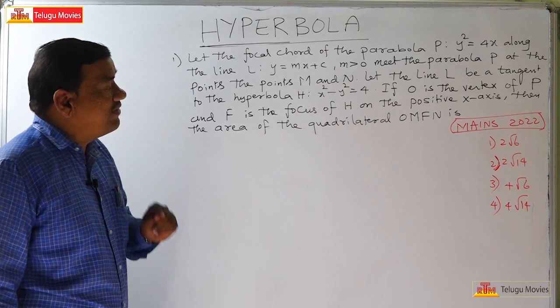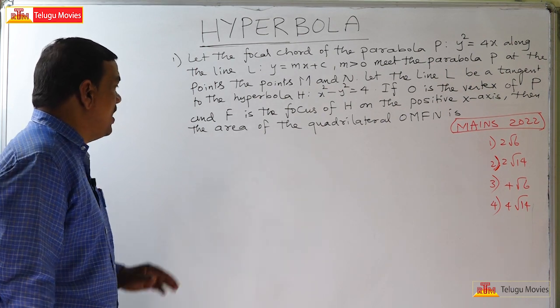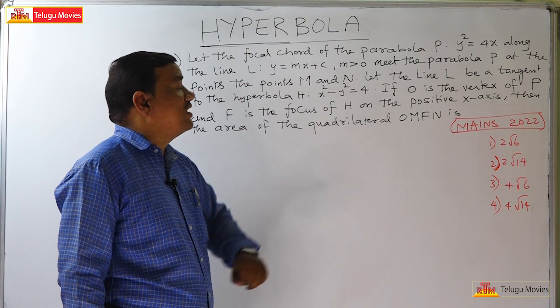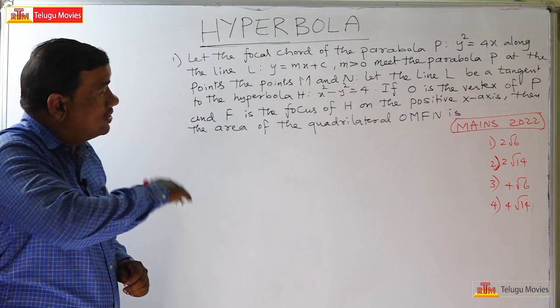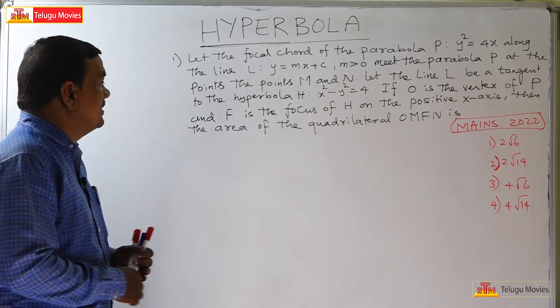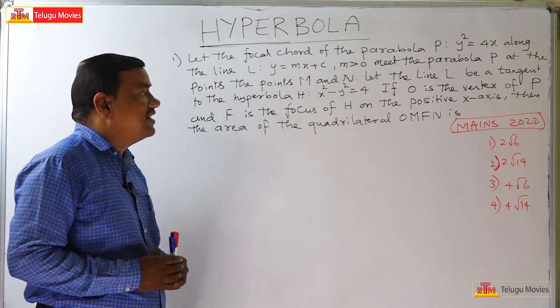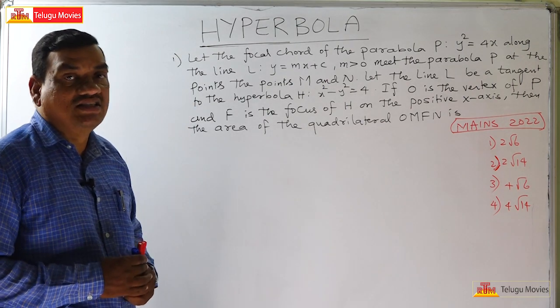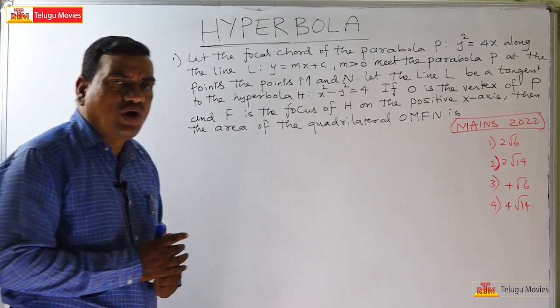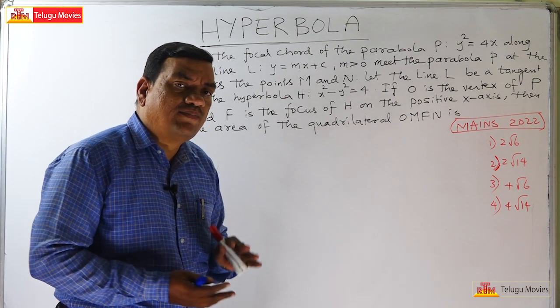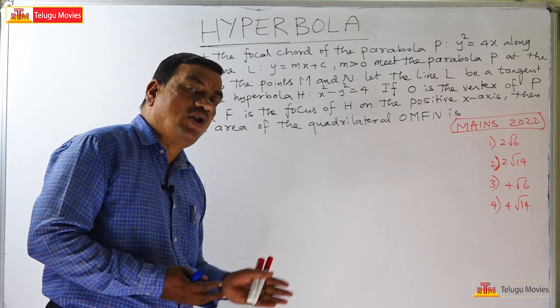If O is the vertex of the parabola and F is the focus of the hyperbola H on the positive x-axis, then the area of the quadrilateral OMFN is... So this is a problem that is a mixture of parabola and hyperbola.